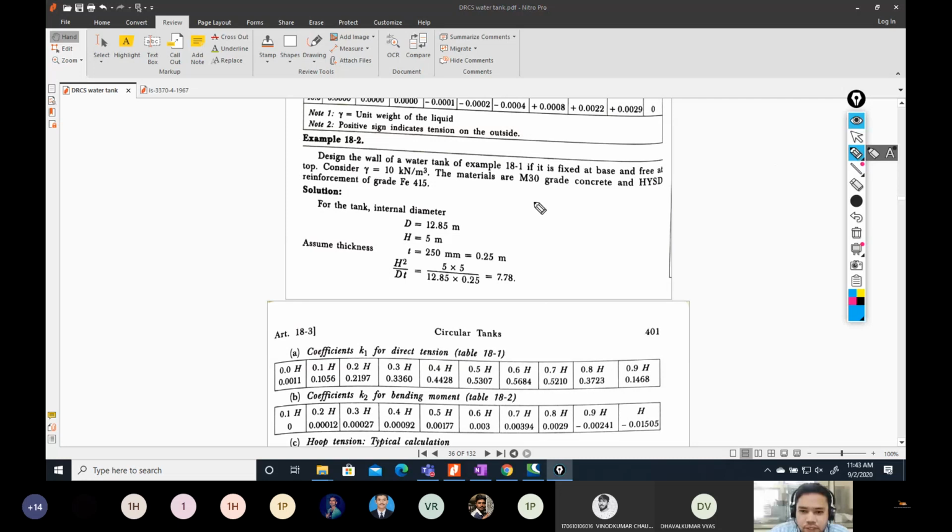So the data given to us is: it is fixed at the base and free at the top.